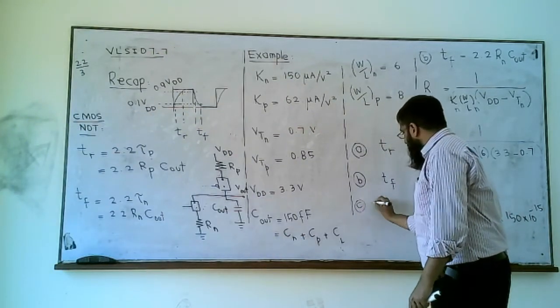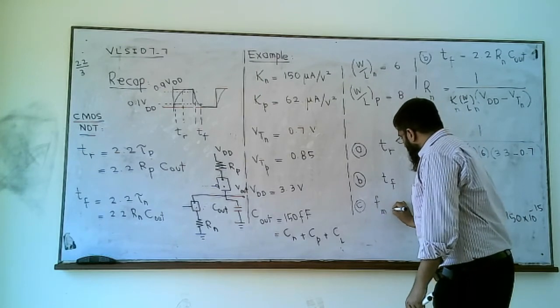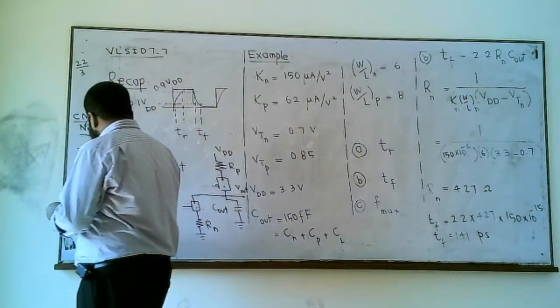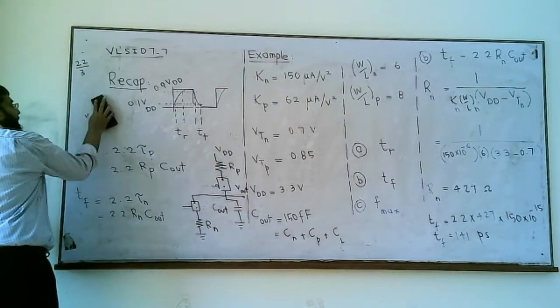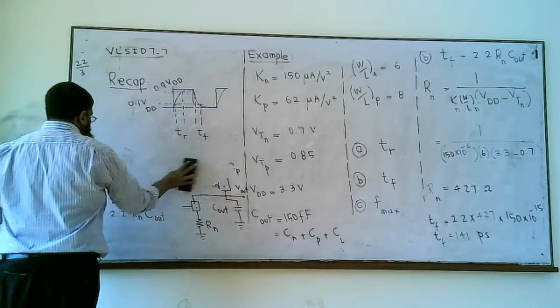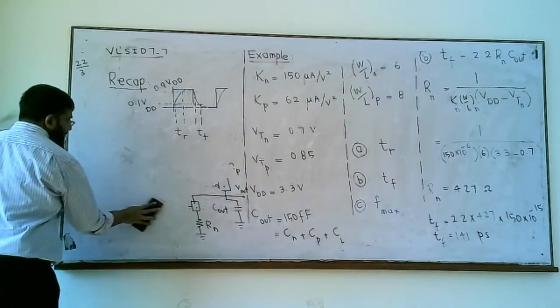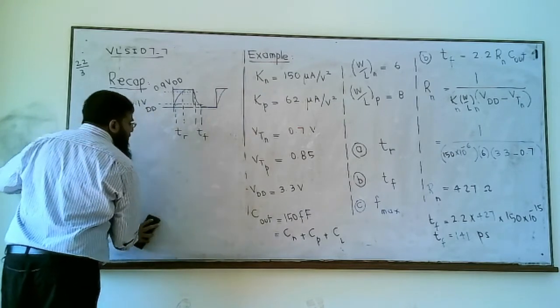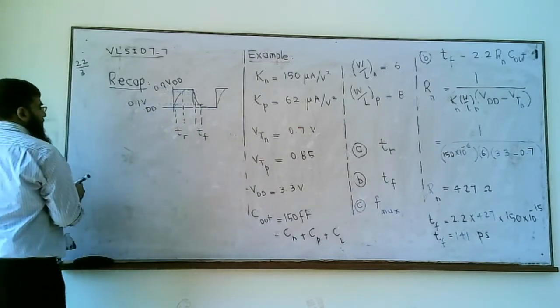Part C is F max. This is the max signal frequency that we apply, and the output has definite rise and fall, and the output has definite logic 0 and logic 1.